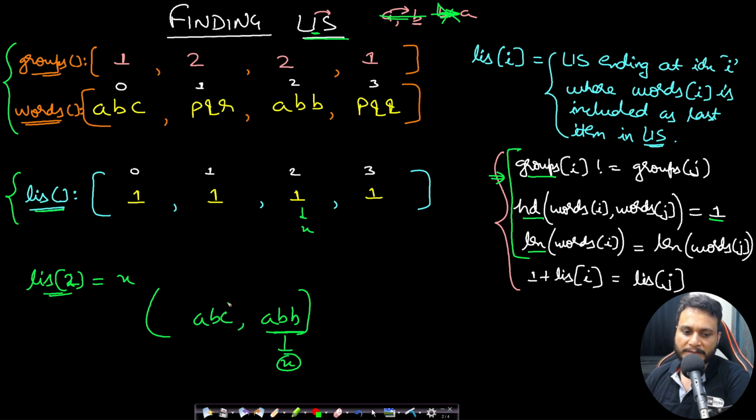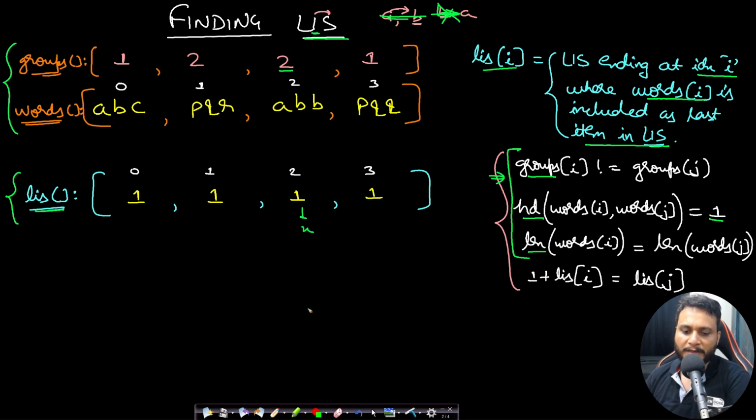When I solve it, you will see ABC will only be on the left hand side. So the LIS ending at index 2, including the second index item, will be of length 2, and so the x value will be 2 here, right? So that is what I have written here. LIS at I is the LIS ending at index I, where the word at I is included as the last item in the given LIS. Okay. So that is the meaning.